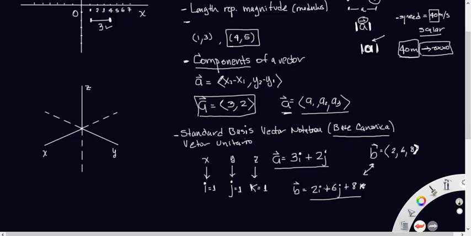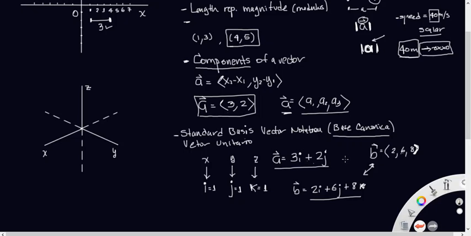Okay, so we will be working with both notations in our exercises, so please take note of this. We're going to switch from this component notation to the standard basis notation, so we can get familiar with both, because some of your future exercises will be written in both notations.